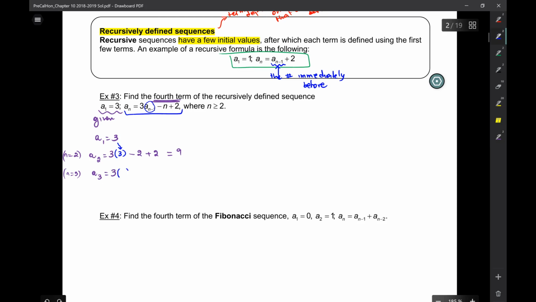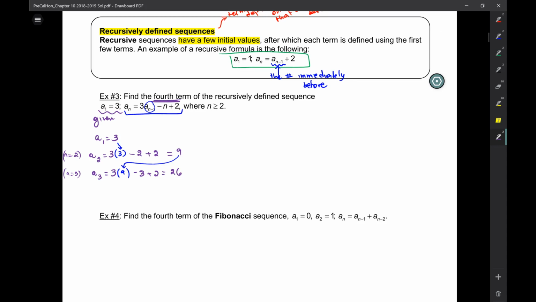What's the term that comes right before? 9. Right? And then minus n, which is 3, plus 2. Right? So how much is that? 26.